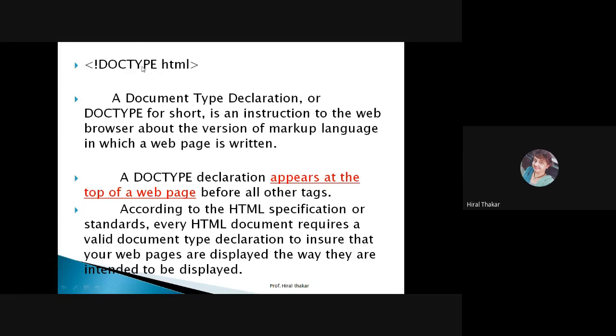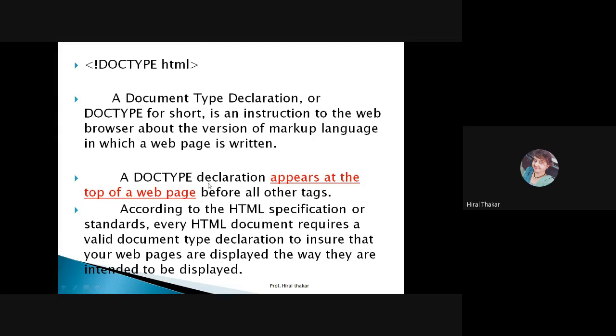Because if your website contains the latest features, if you have used the latest tags and the browser version is older, then some of the features won't be visible, right? So first we have to tell the browser that I have created my website in this HTML version.